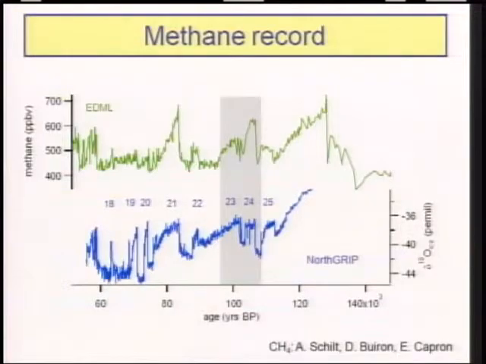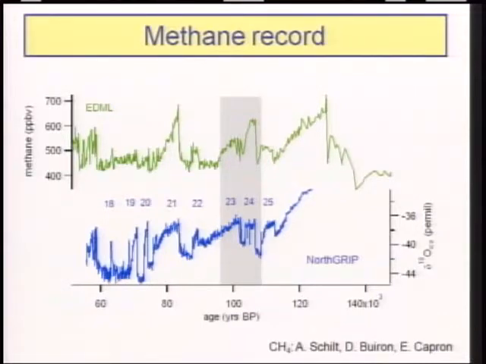Now let's have a look at the methane record over that period. Todd Sowers already showed some results for marine isotopic stage 3. So here we will have almost the same story for marine isotopic stage 5 with some complication I will show you. So this is the EDML methane record, plotted on the same age scale as the NorthGRIP ice delta 18O record.